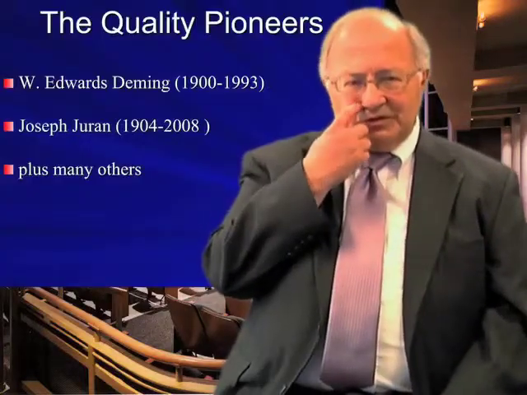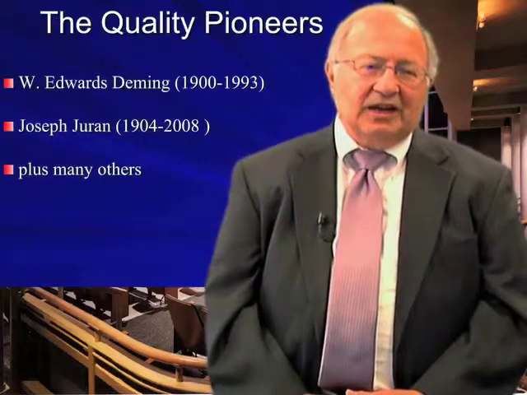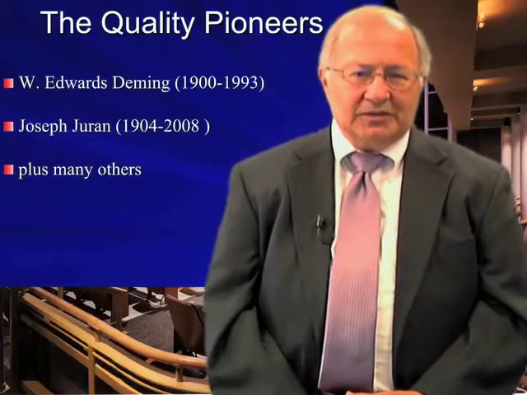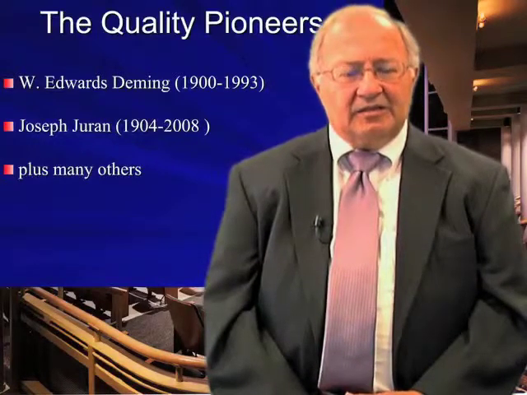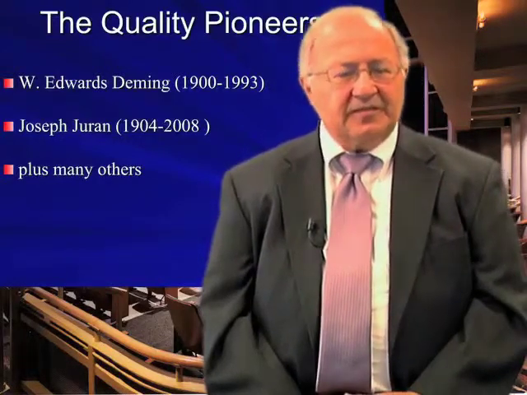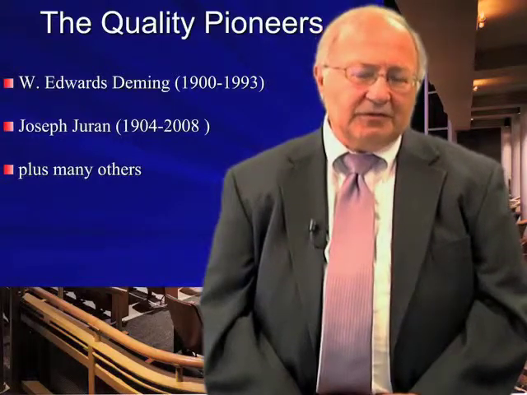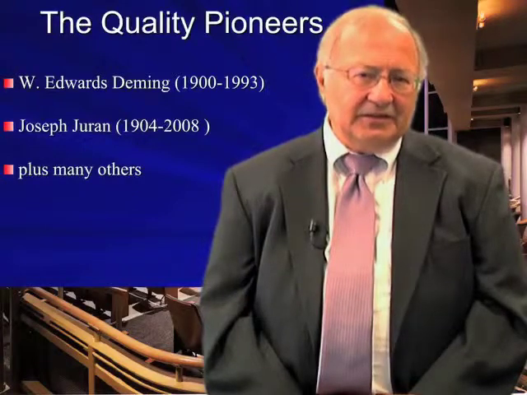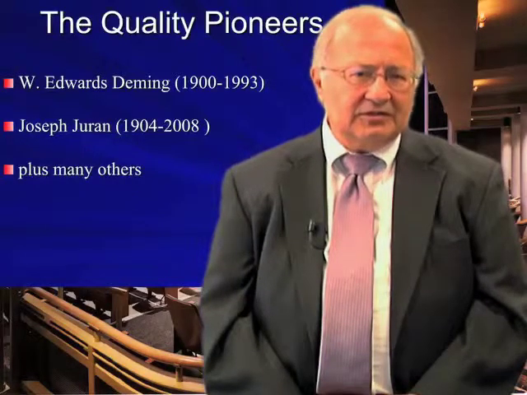Quality pioneers are important for you to understand. Probably two of the most important ones are Deming, whom I've obviously talked about quite a bit, and almost concurrently Joseph Juran. Deming focused a lot on productivity and processes and made quality a part of that.